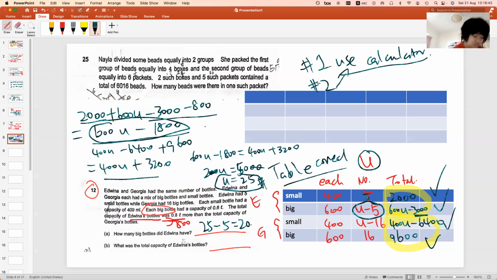Hold on. 25 times this. Okay, let me double check for you. 600. So 600 times the 25 minus the 1800. Yeah, 13200 milliliters. Okay.